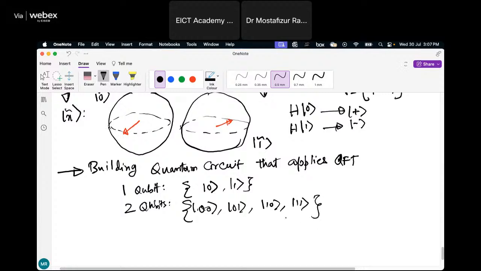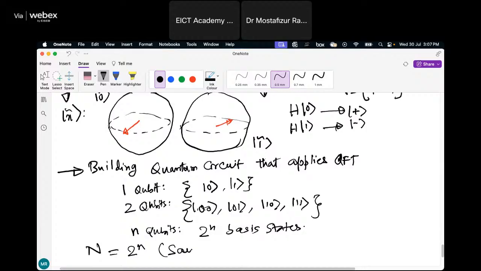These are the basis states for 2 qubits. And if it is n qubits, you have 2 to the power n basis states, from all 0s to all 1s, right? Let's define a capital N variable equal to 2 to the power n. So this is the computational basis part.